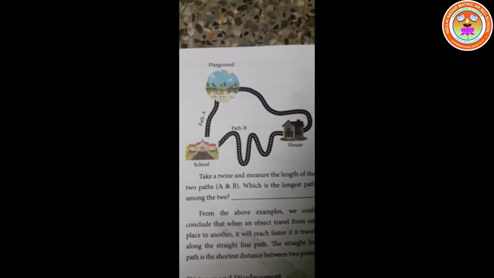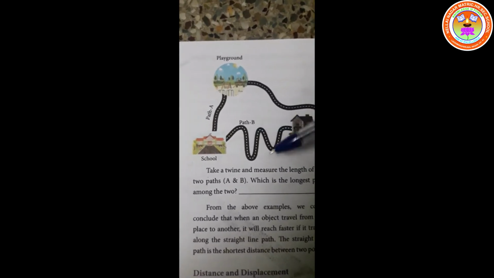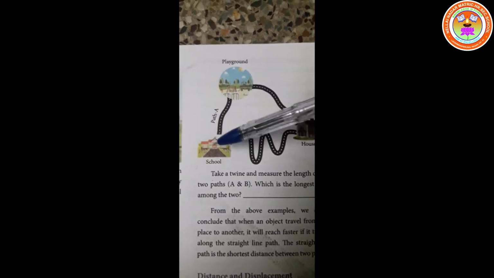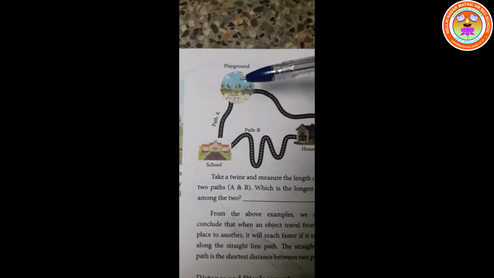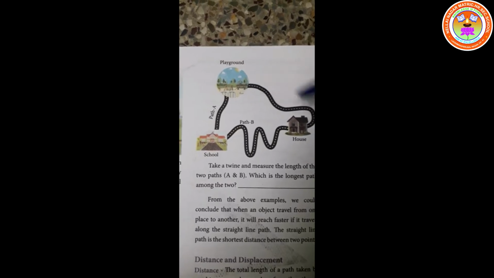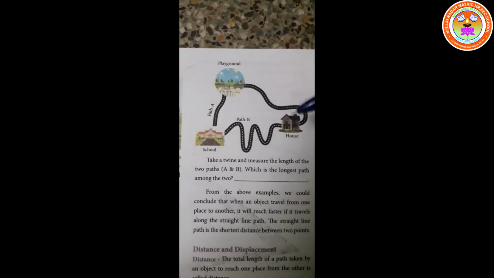And look at another example here. From the house to school, this is path B, and this is path A from the school to the playground, and after the playground this is the way to reach the house. This is another path we have.